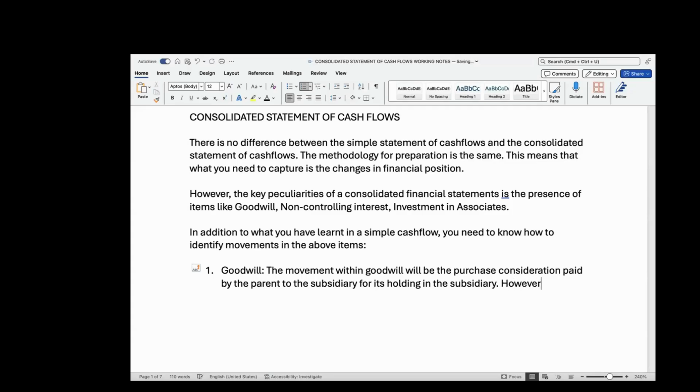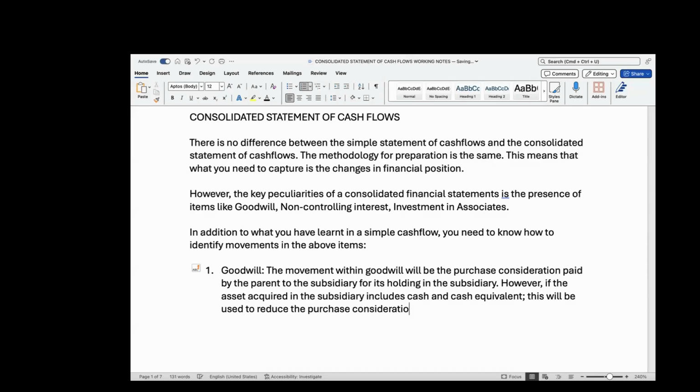However, if the asset acquired in the subsidiary includes cash and cash equivalents, this will be used to reduce the purchase consideration.